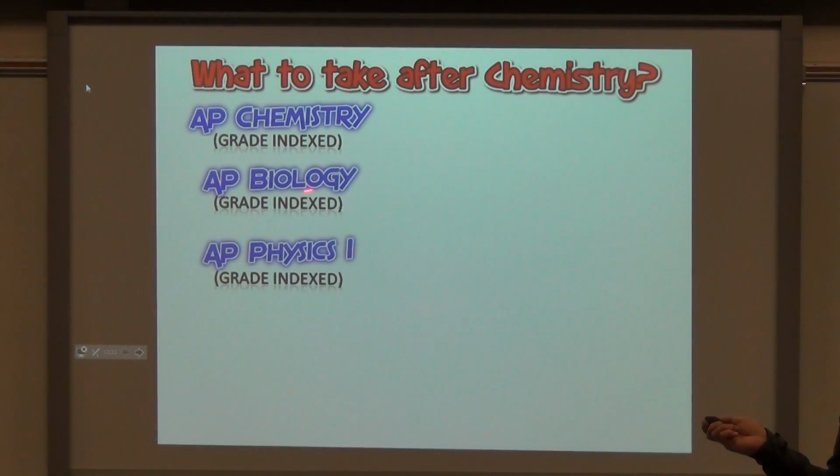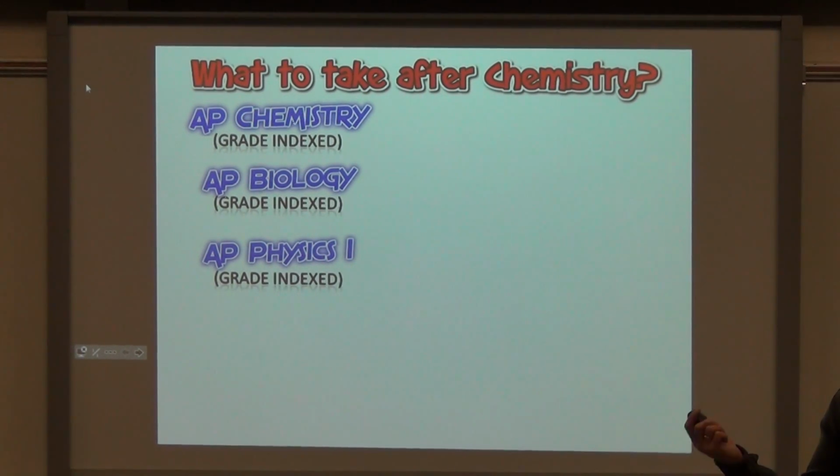Each of these first two are the equivalent of one semester or 1 year of introductory college chemistry or biology. AP Physics 1 is the equivalent of one semester of an introductory college course. There is no prerequisite for AP Physics 1. If you're interested in physics, you can take either physics or you can take AP Physics 1.